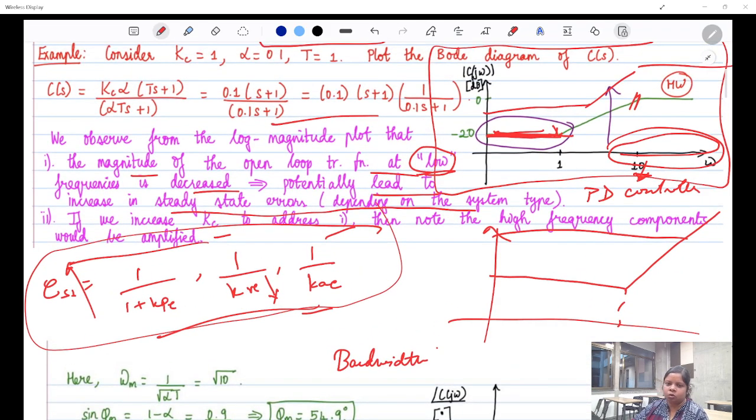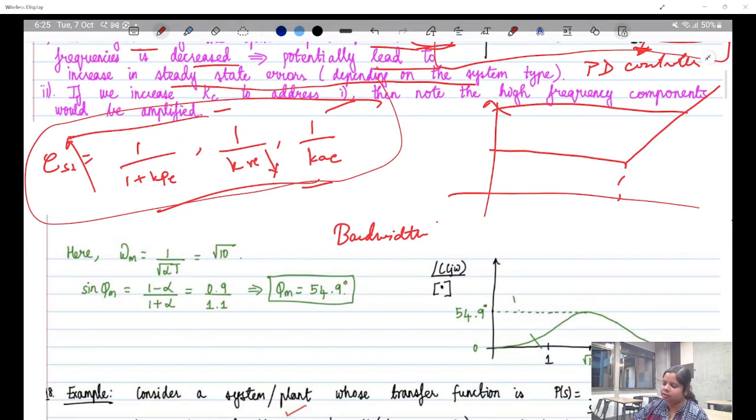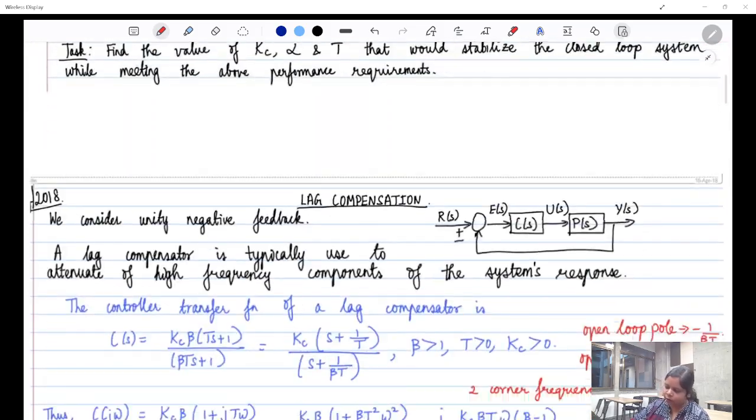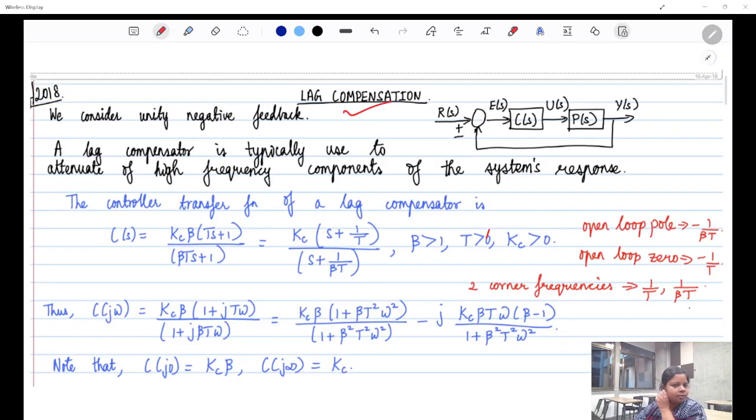The cutoff frequency would come at a much later point, where you'll be 3 dB below the steady state value. So this is one of the benefits. I would not go into an example right now. Then let's move to the lag compensator.